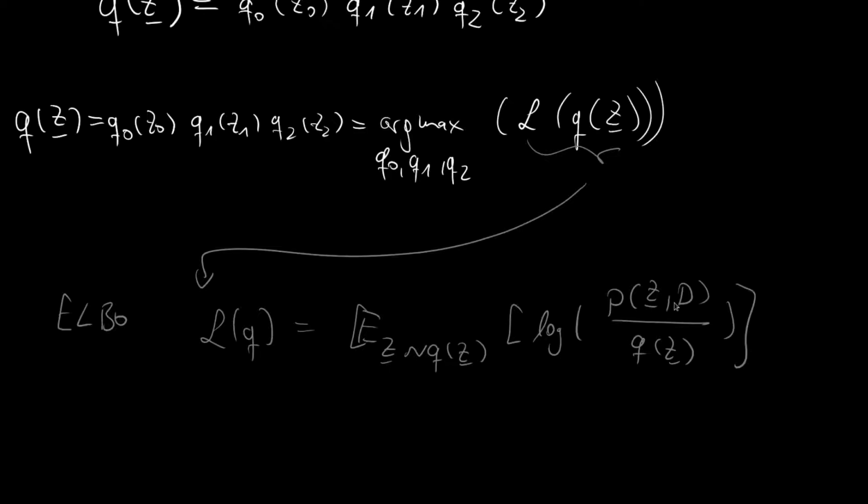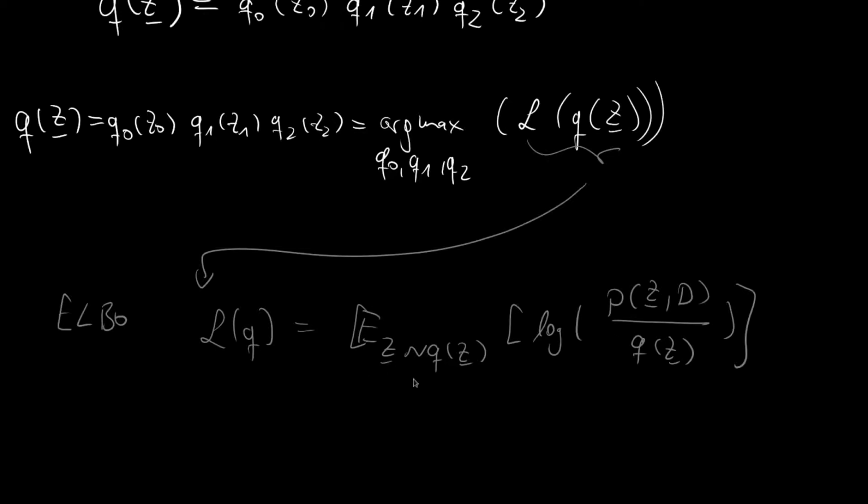And also recall the big advantage of the ELBO was that we have the joint here. And if we have the directed graphical model of our problem, then we always have access to the joint. So this is a quantity that is computable once we have a certain surrogate.